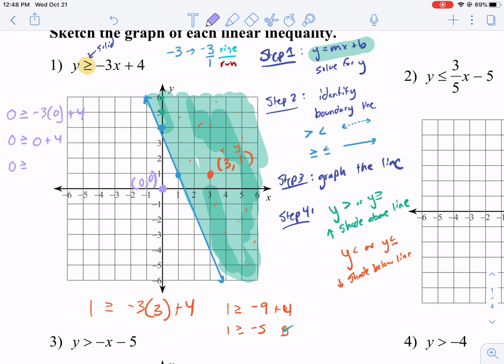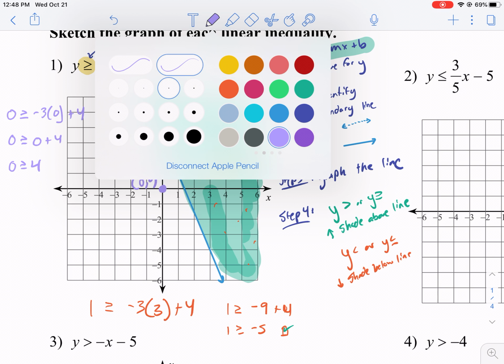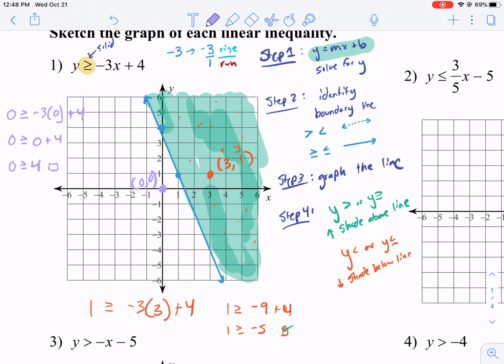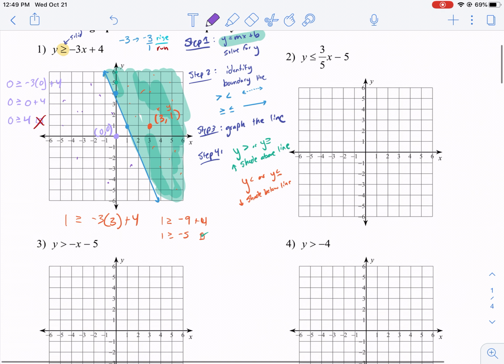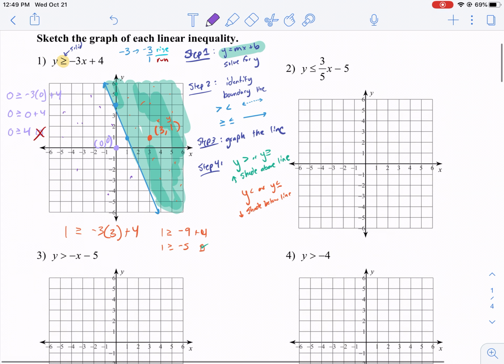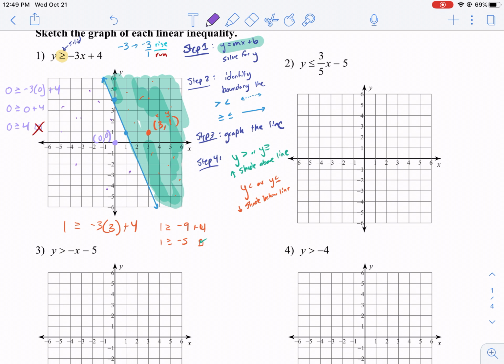We get 0 is greater than or equal to 4. Notice how this does not make a true statement. 0 is not bigger than 4. So that is wrong. So all these points on this side of the line are all non-solutions. That is why we have to include a shaded region, because it shows all the different places that make it true.